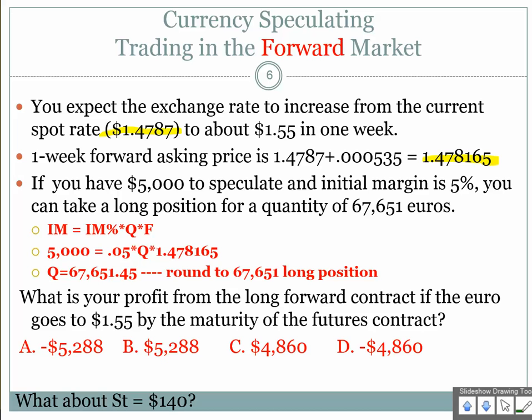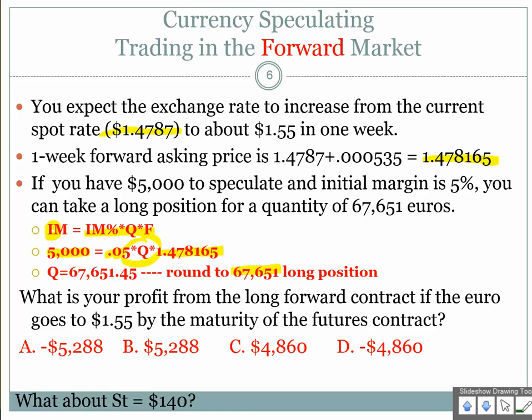Well, the initial margin, that security deposit, is equal to the initial margin percent times the number of euros times the forward price of the euro. If I have $5,000 to spend, and the initial margin is 5%, and the forward price is $1.478165, I could solve this equation for Q and see that I could enter into a contract to buy 67,651 euros.